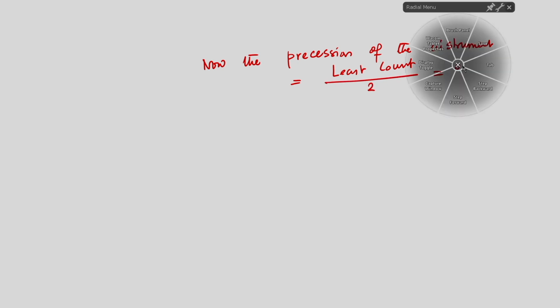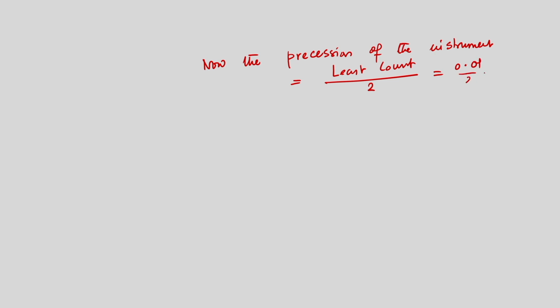Now, the precision of the instrument is least count by 2, that is 0.01 by 2, that is 5.0 into 10 power minus 3 inch.